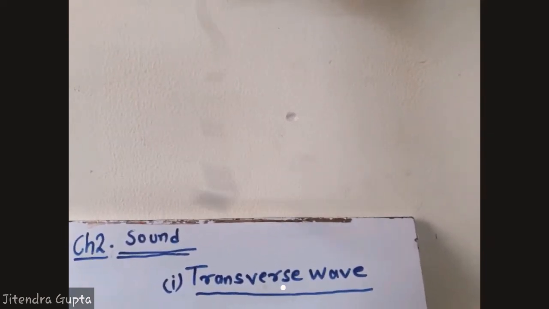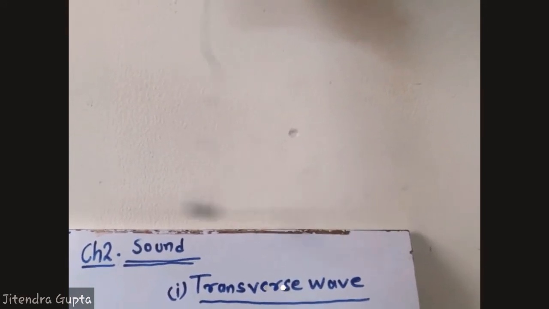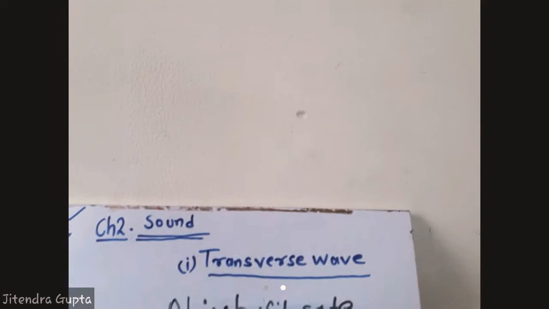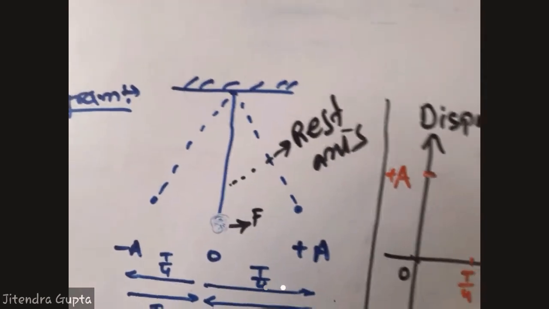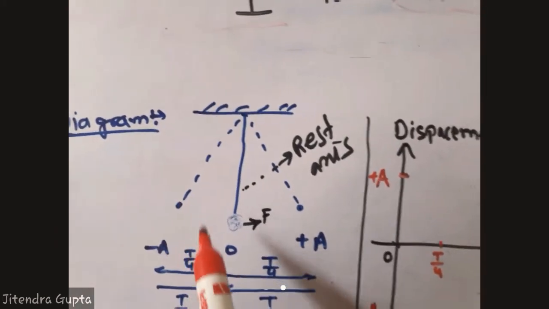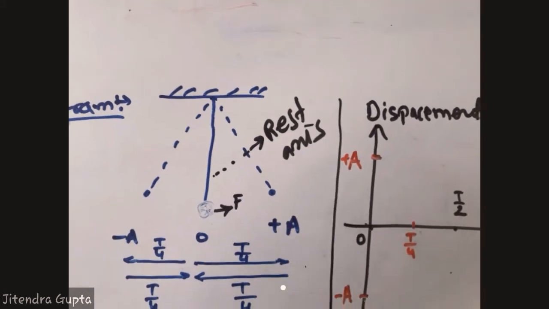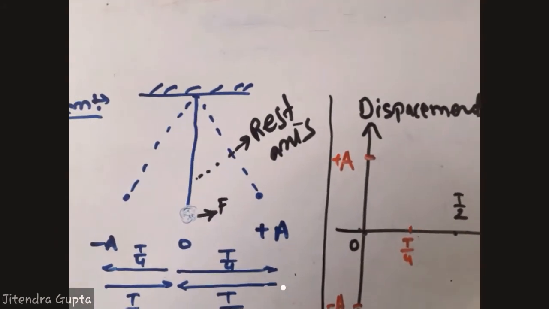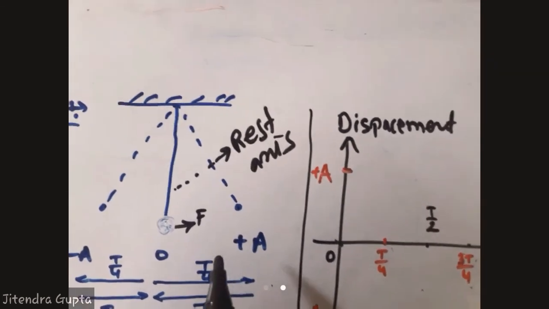So let us draw the displacement versus time graph of this motion, and understand the transverse wave in more detail. As we saw in the experiment, your object is attaining some extreme displacement in the right-hand direction and the left-hand direction.